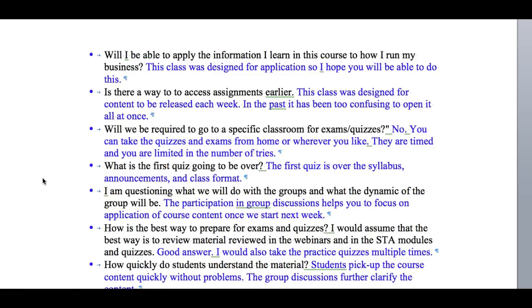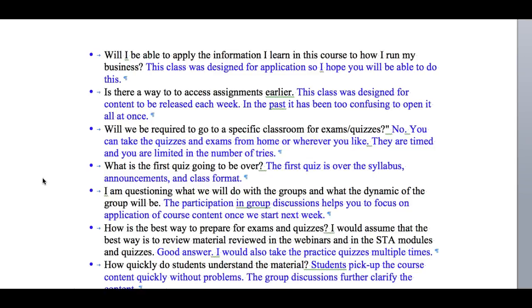Will we be required to go to a specific classroom for exams and quizzes? No, we're not doing that. You can take quizzes and exams from home or wherever you are with your computer. They are timed, and you'll be limited in the number of tries that you have. For example, you'll have 2 tries on the quizzes, and it'll keep the higher grade. For exams, you'll have 1 try, but you'll have more minutes.